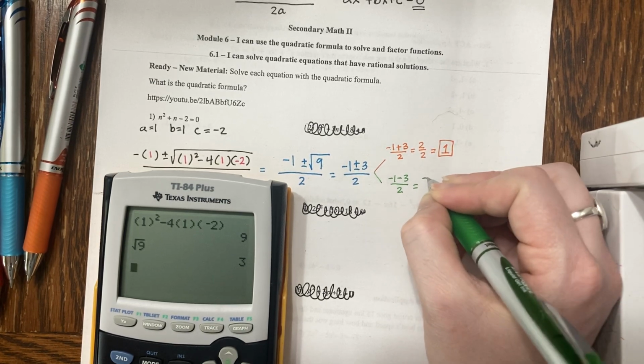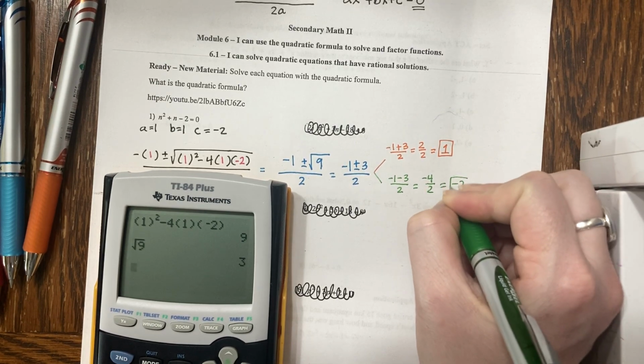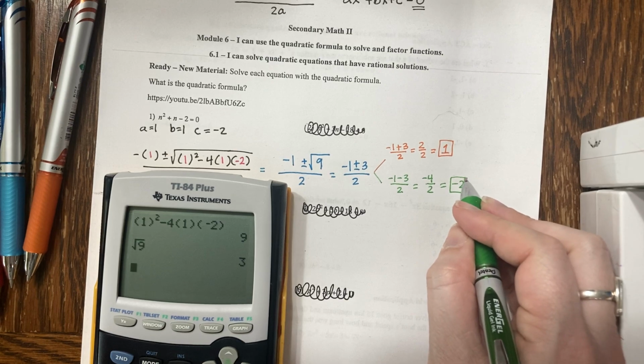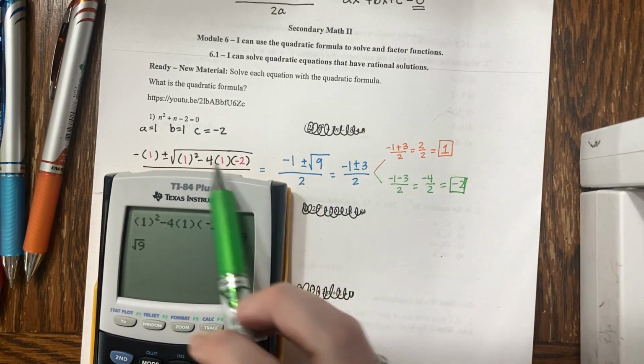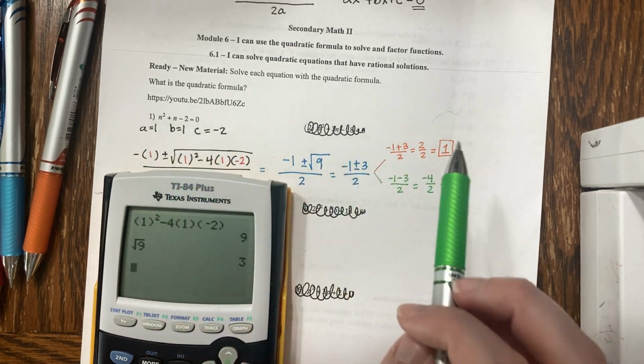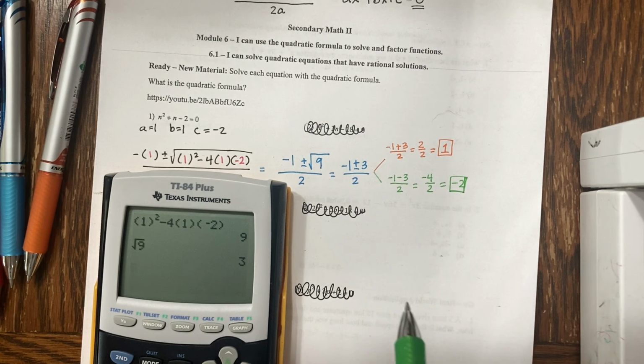Negative 1 minus 3 is a negative 4. Divided by 2 is negative 2. Hopefully you can still see that. So when I solve this, my answers are 1, comma, and negative 2.